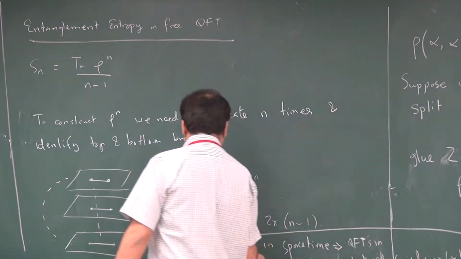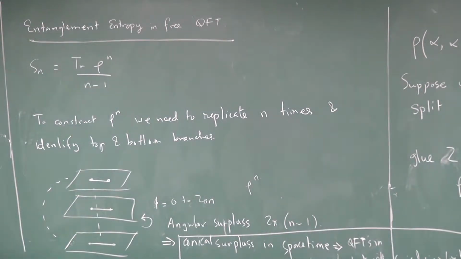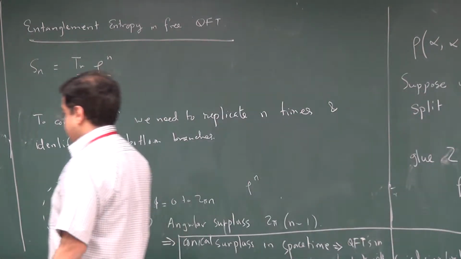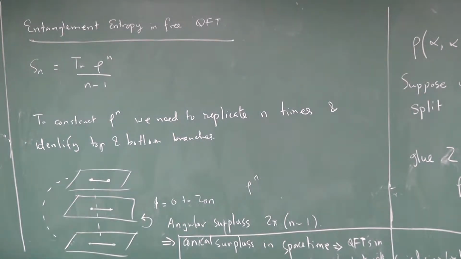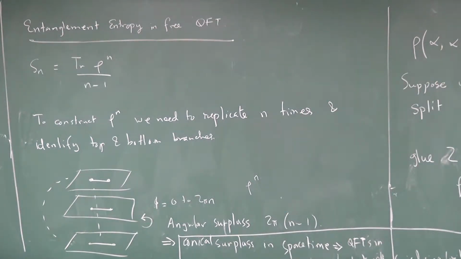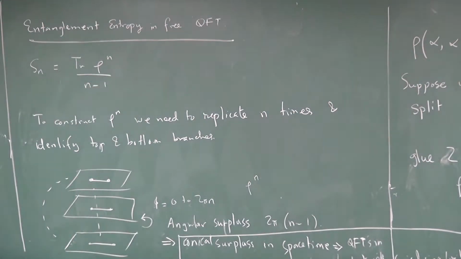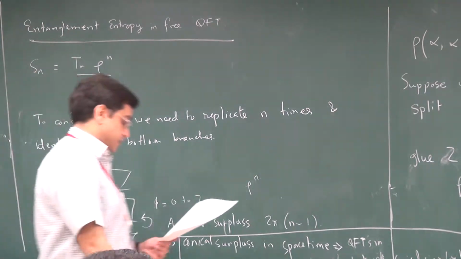Because of this conical singularity, this is the root of certain technical problems that we face in implementing this procedure for general field theories. Although for 1 plus 1 dimensional field theories, there are ways of making this more rigorous through a procedure which maps this problem to correlation functions of twist operators, which I won't have time to explain.